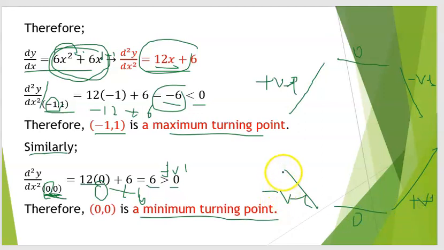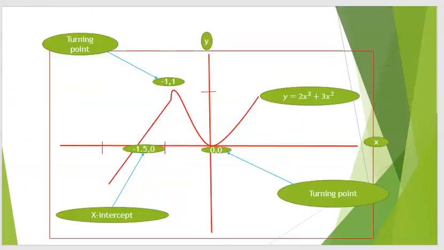So if it's moving from a negative to a 0 to a positive, that is a minimum turning point. But if you are moving from a positive to a 0, then to a negative, that is a maximum turning point.